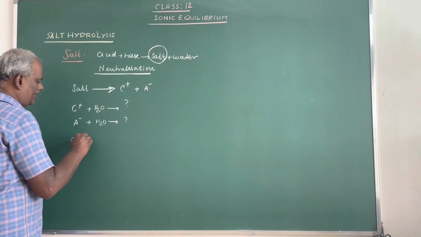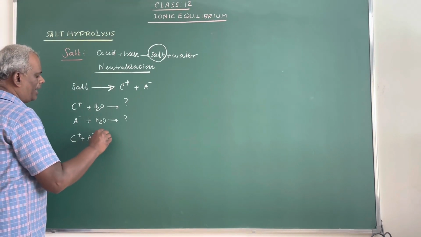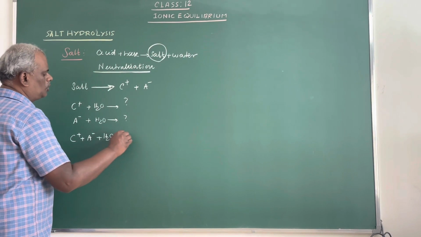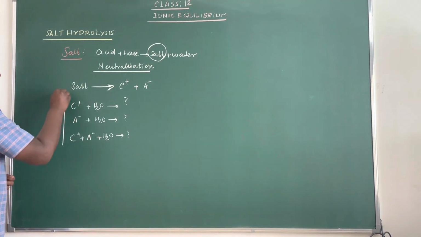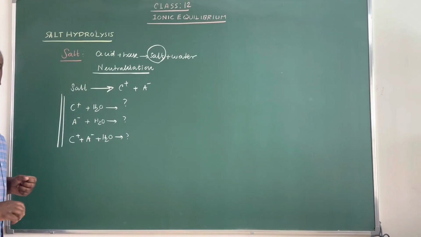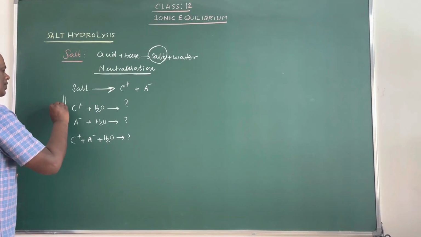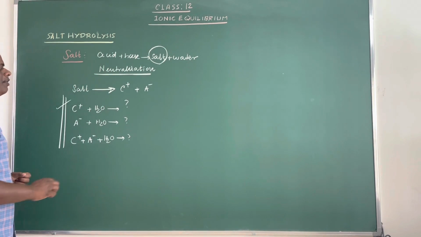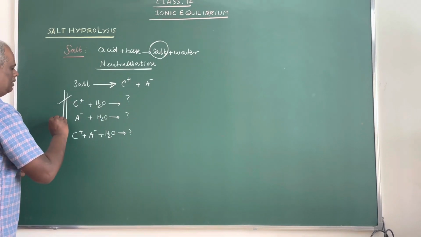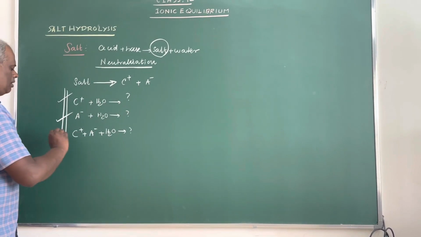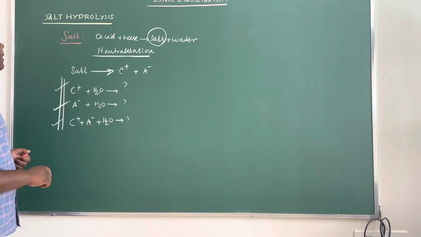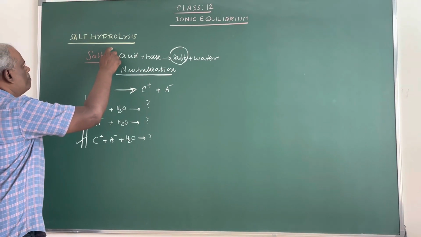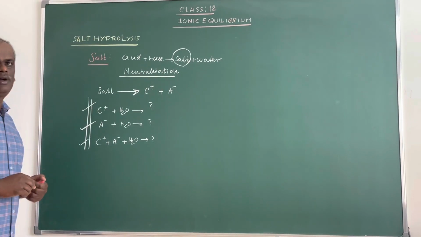Otherwise, both cation and anion can react with water to give a product. This is what is known as hydrolysis of salt, by the action between the cation from the salt and water, the anion from the salt and water, or both cation and anion from the salt and water. This is to be discussed in the topic called salt hydrolysis.